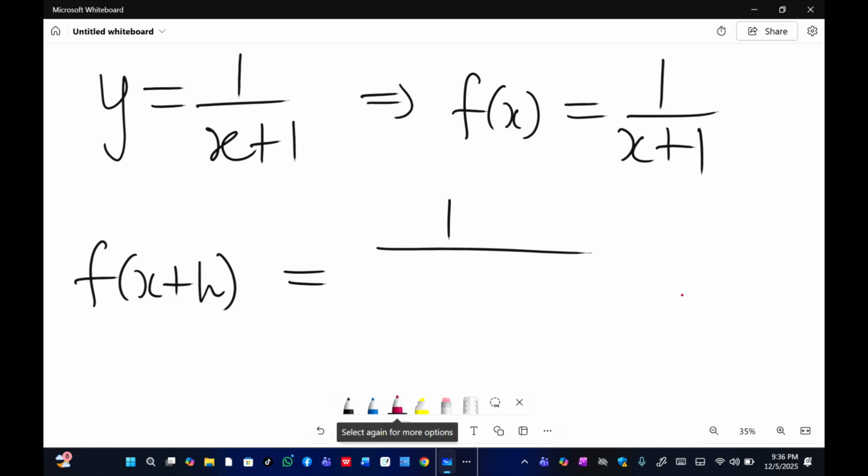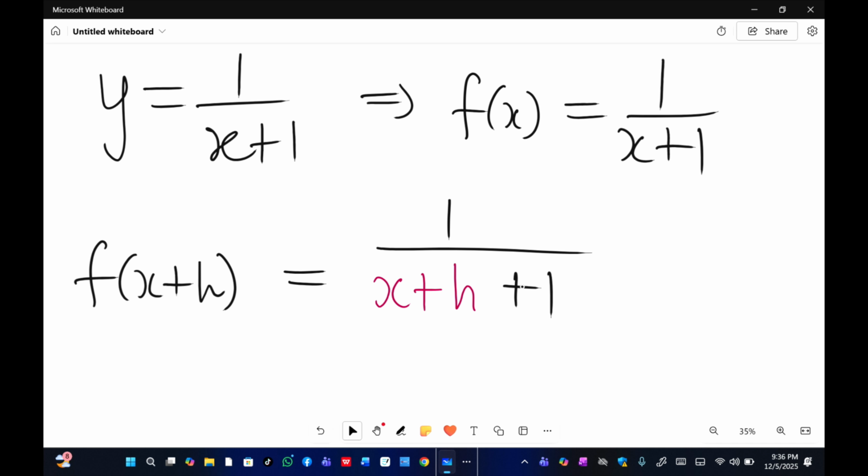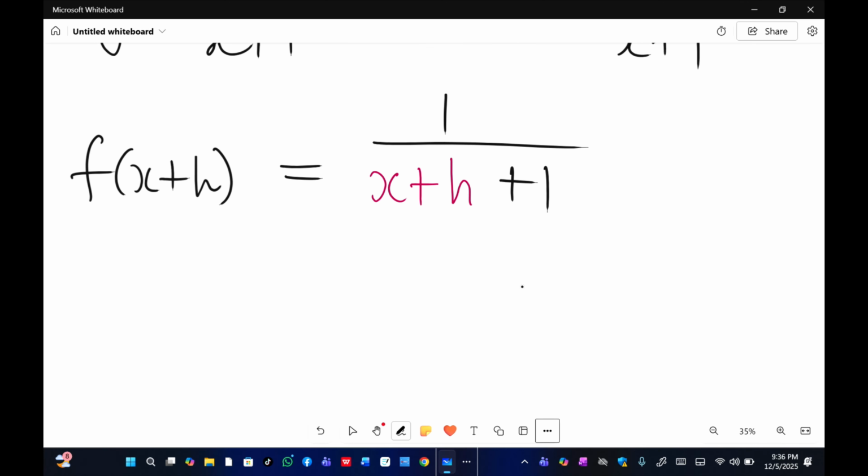So x plus h, plus 1. Alright, so we have replaced the x with x plus h. And we need to simplify, so we'll be getting our numerator to be 1 and our denominator will be x plus h plus 1. We'll leave it in this form.